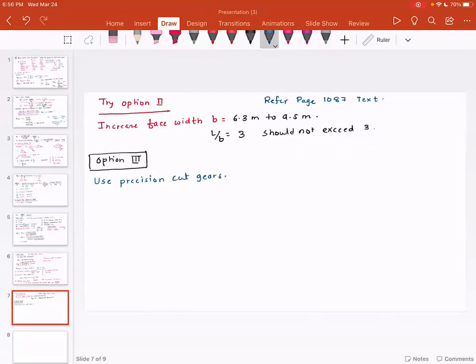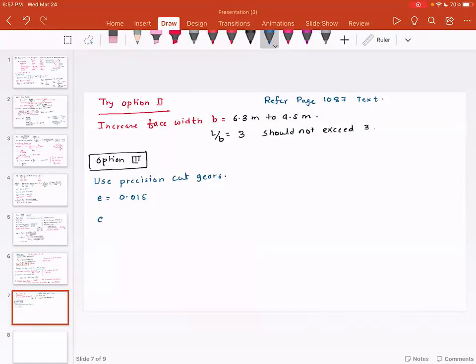As soon as I go with precision cut gears, again go back to table 28.7 and find out, yes, thank you, the error correction factor for precision cut gears, E, is 0.015. Please observe, this is about one third of the earlier value.